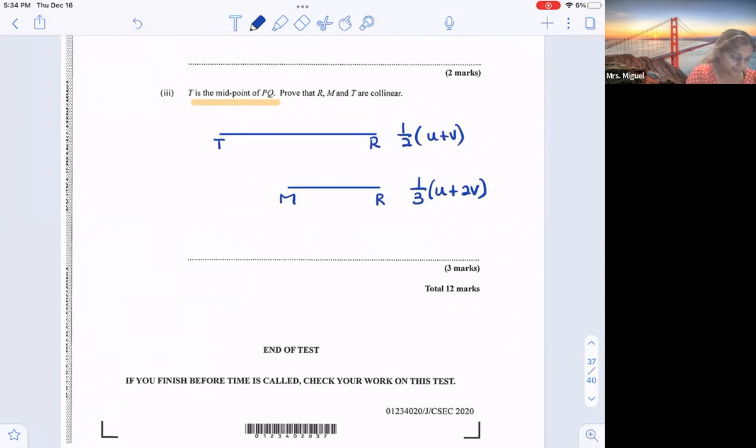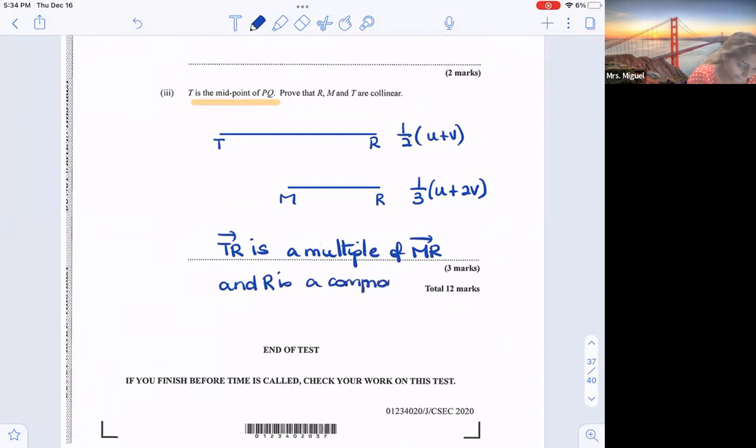We have to say that TR is a multiple of MR and R is a common point. So T, M, and R are collinear.